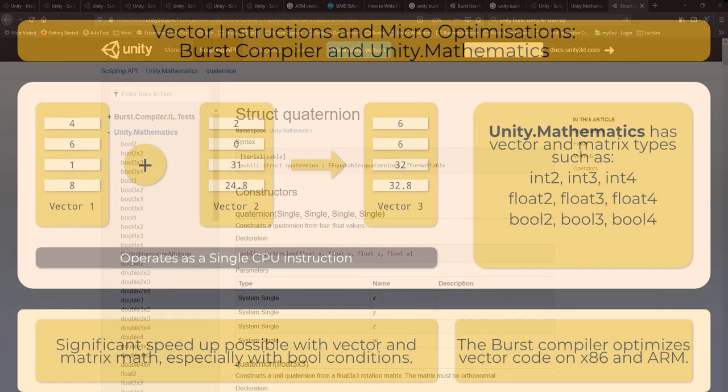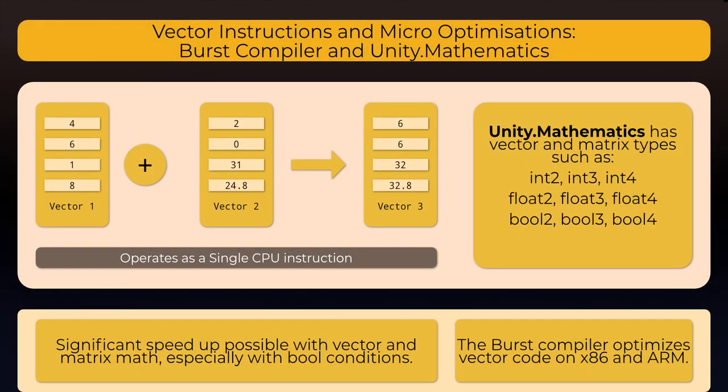The reason for that is, like I said, you get another level of parallelism with SIMD, single instruction, multiple data. Here, just as an example in the slide, you can see 4 plus 2 and 6 plus 0 and 1 plus 31 and 8 plus 24.8, if you assume these were float4s.